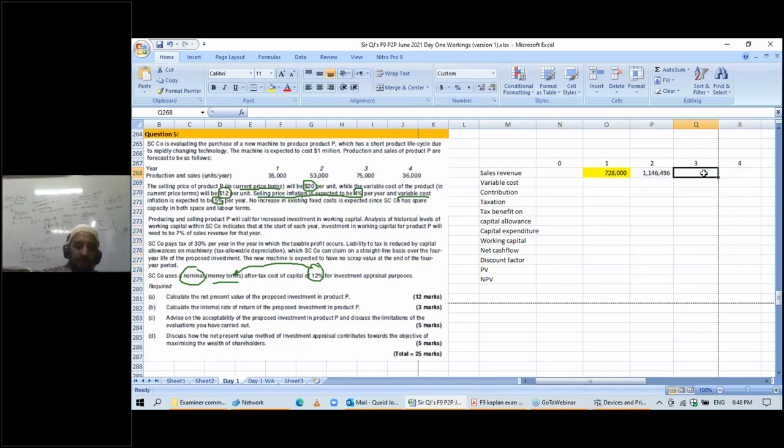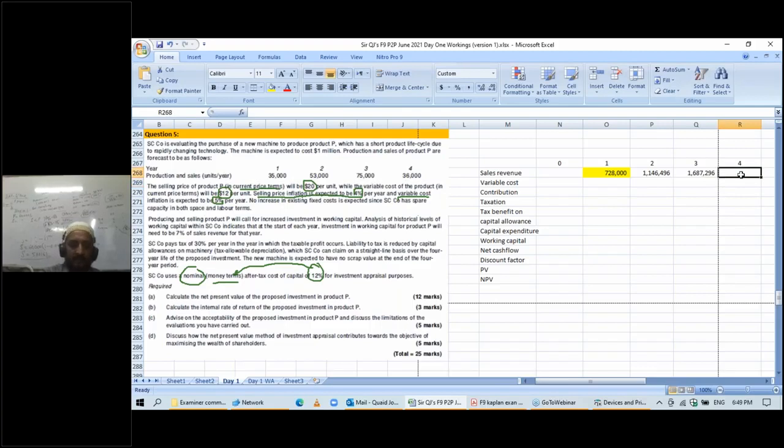In the year 3, 20 multiplied by 1.04 into 1.04 into 1.04, 3 times the inflation and then the quantity, which is 75,000. This gives you the sales.